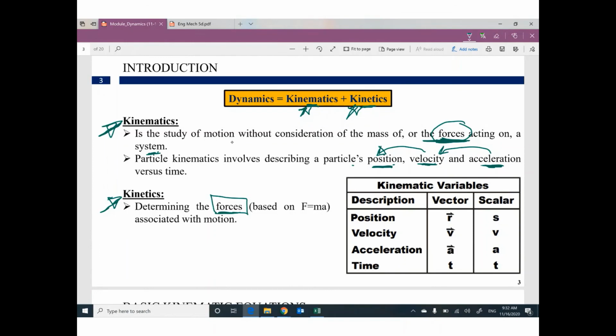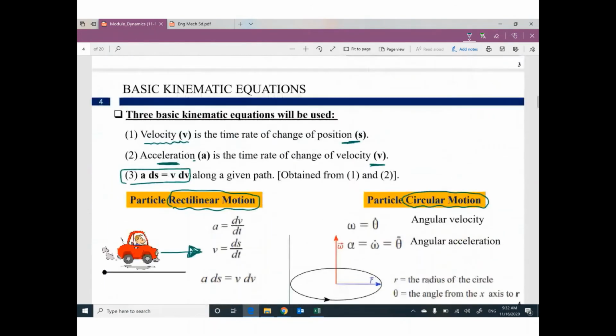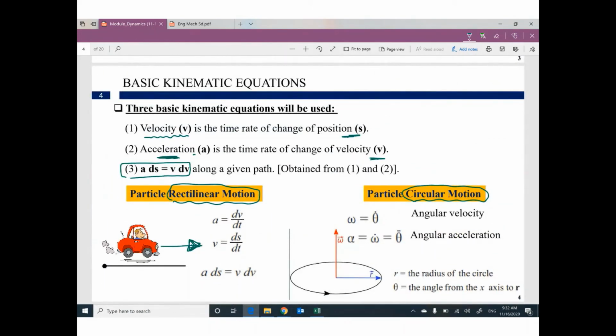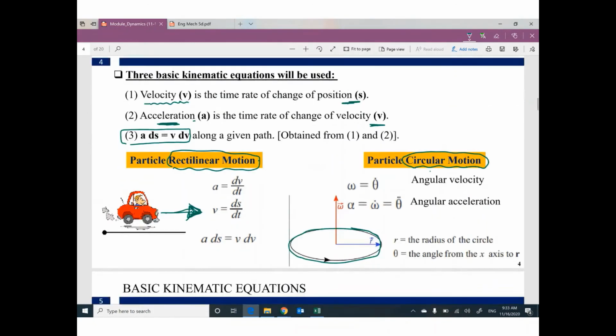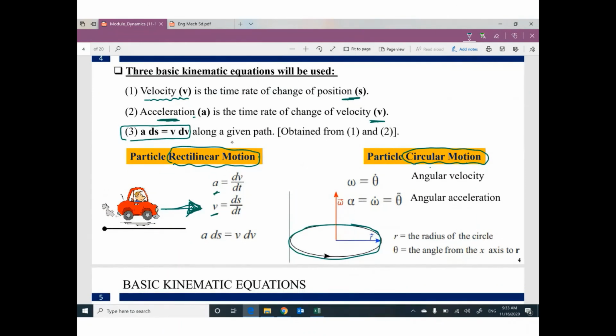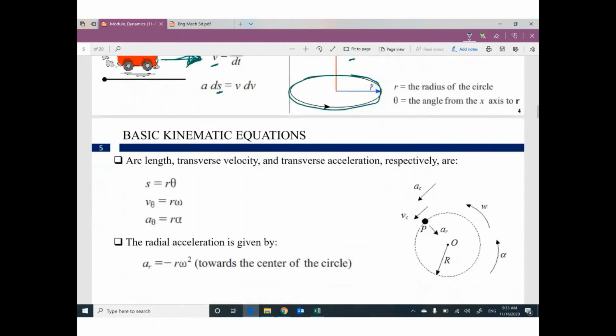But kinetics will consider the effect of the force acting on the body. Your motion is probably rectilinear motion, which is a linear path, or circular motion, the motion in a circular path. So we have a, v, and s. On the other side, we have omega, alpha, and theta. We will cover all of these terms next time to figure out a relationship between the curvilinear and the rectilinear motion.